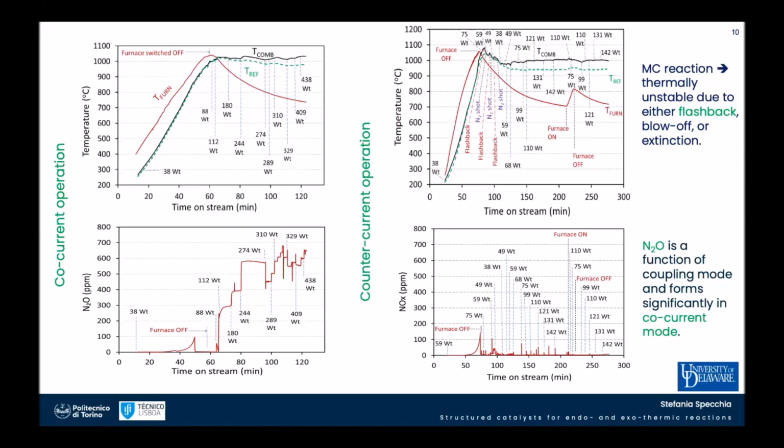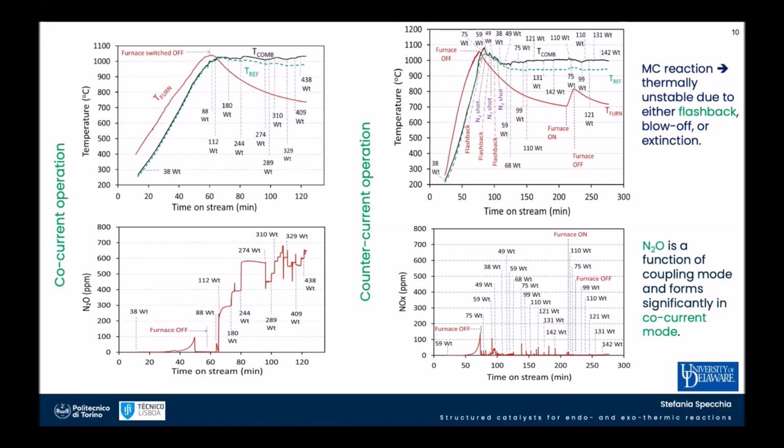Anyway, the concurrent way was much better compared to the countercurrent operation, because in the countercurrent, as I was mentioning, we had a lot of instabilities, flashback and extinction, and so we needed to provide extra heat from the oven.